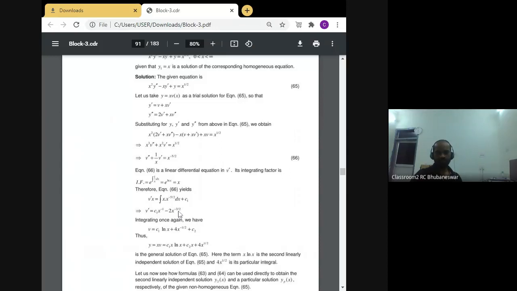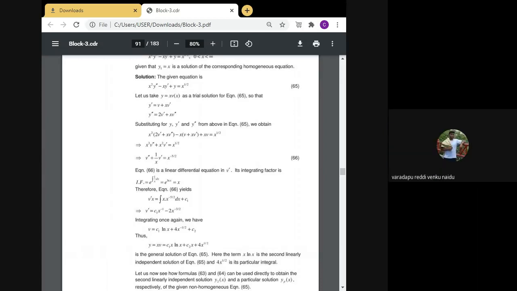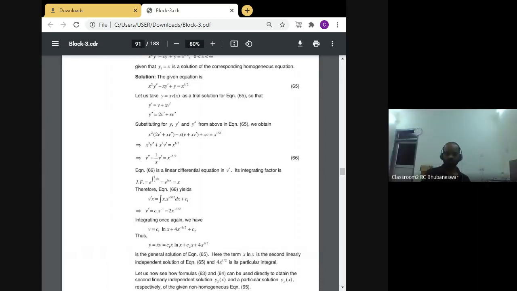So by using direct integration we can find out the value of v in terms of c1 ln x plus 4x to the power minus 1 by 2 plus c2. So this is the value of the unknown function v that has been taken as a trial solution in our calculation procedure. So basically, as we can see, the process is according to the reduction of order.